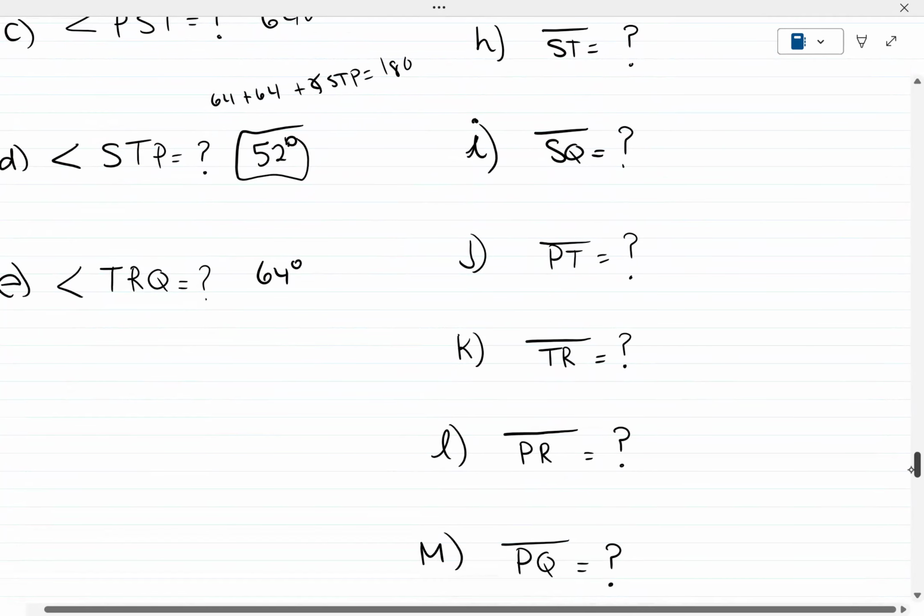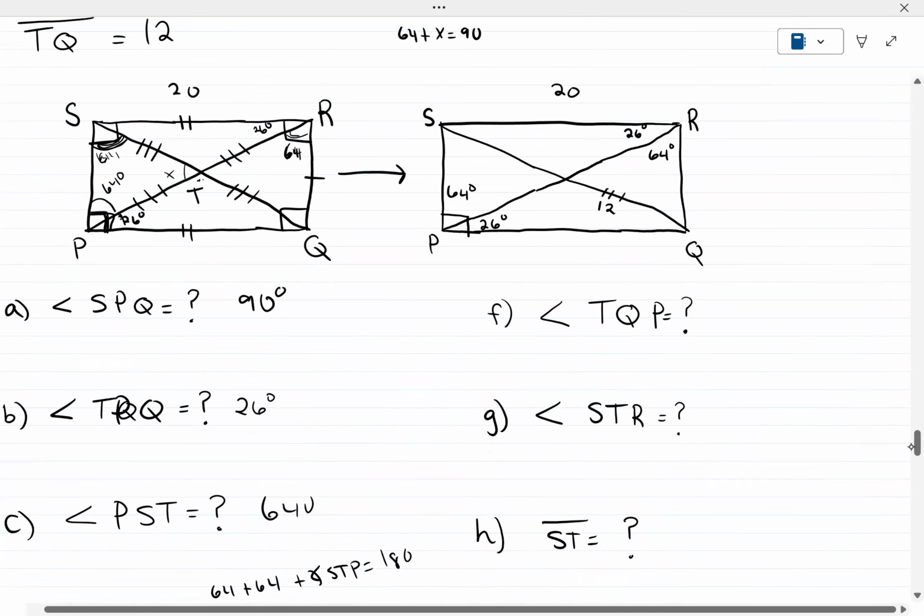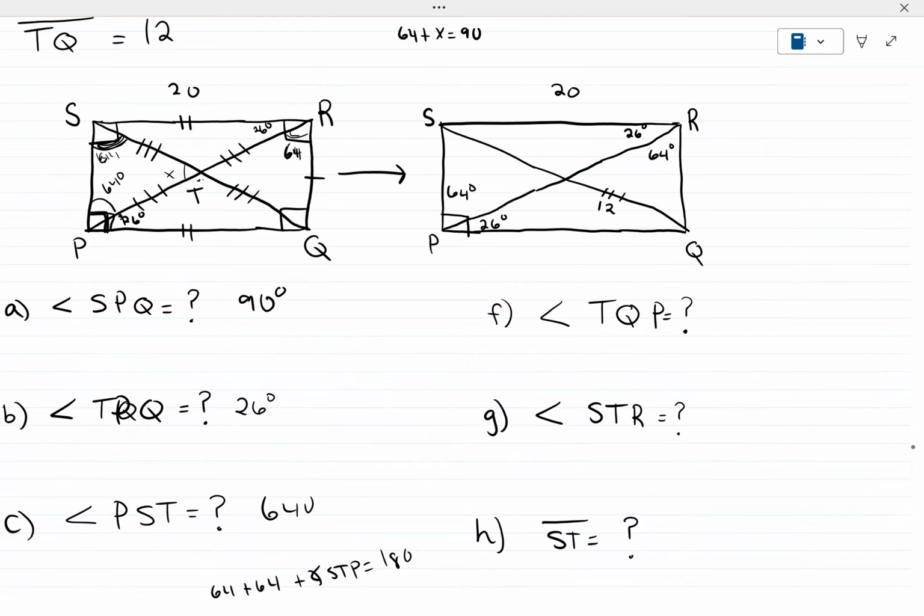Okay, let's move on to F. Letter F is angle TQP. So this angle right here.